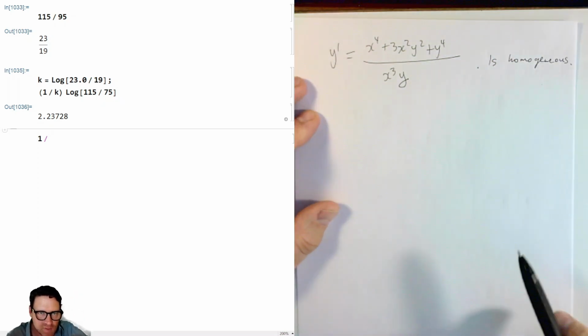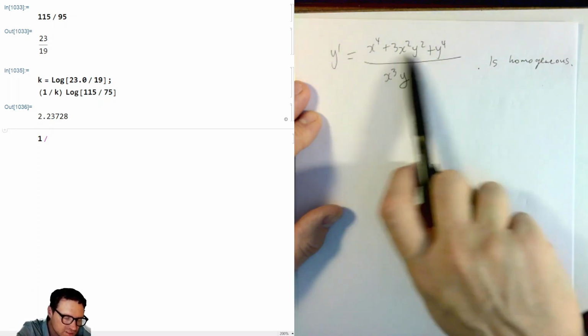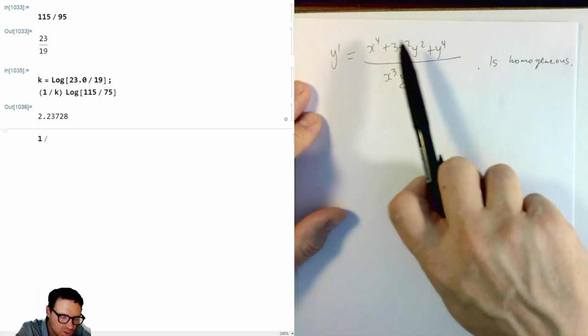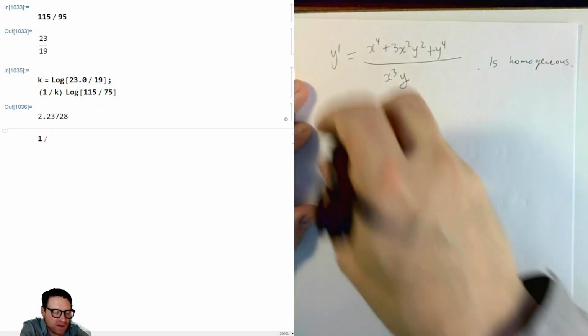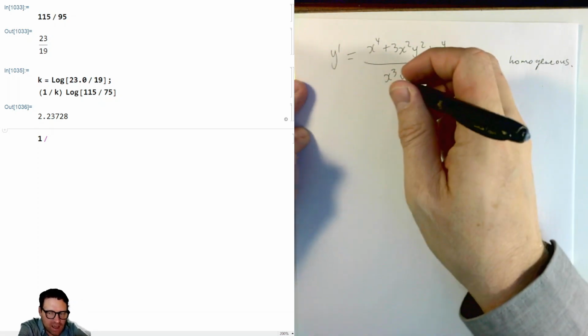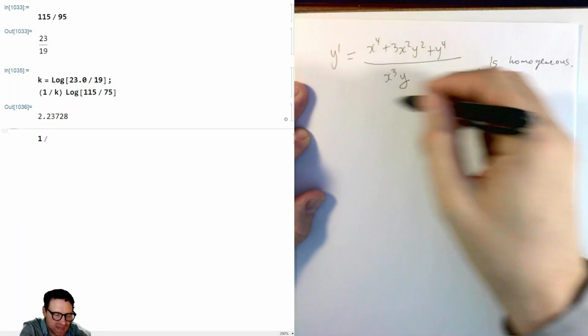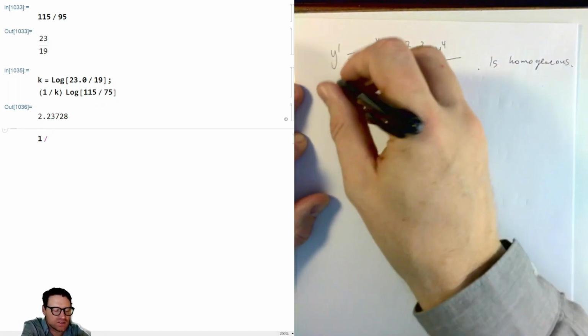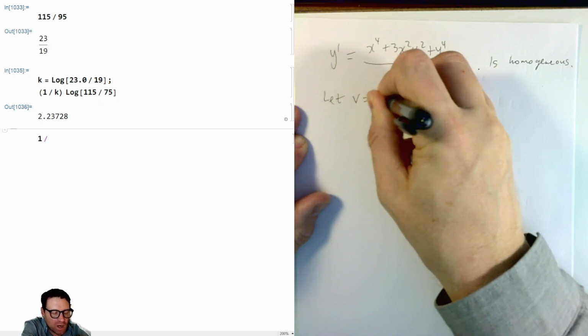And you can see that because the sum of the degrees here of this polynomial of x and y is always 4 in every term. Likewise down the bottom. And so f of sx sy will be equal to f of xy, where this is f of xy. So what we do is let v be equal to y over x.